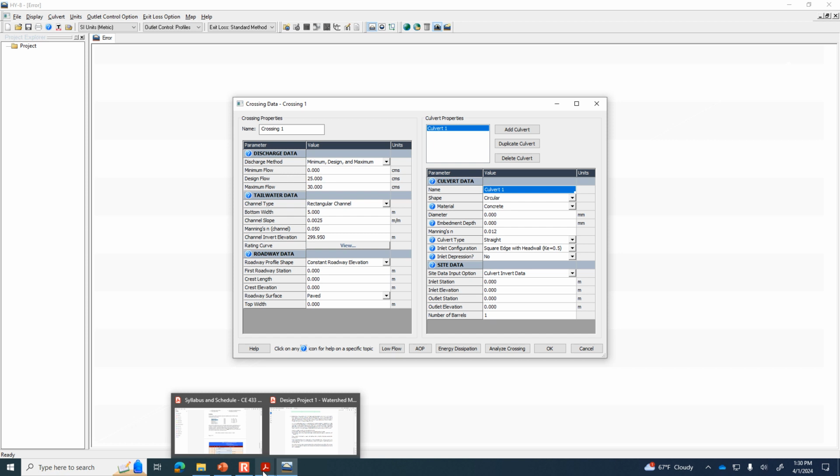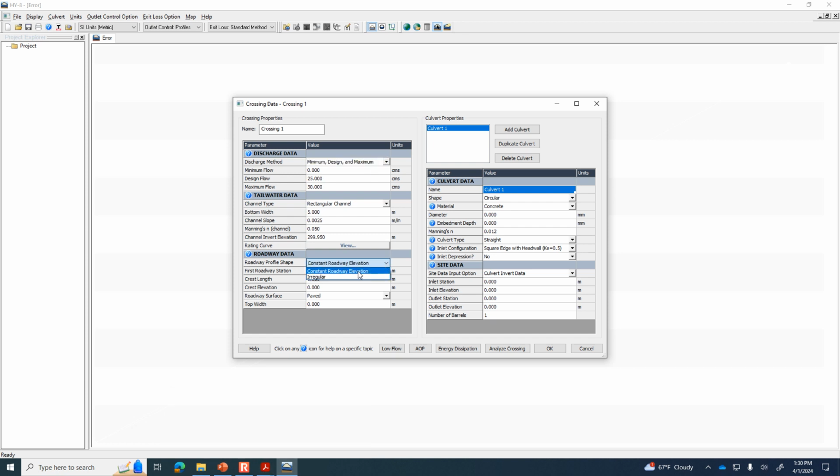If the roadway profile was like that, then obviously as the water gets deeper, it's increasing the crest length. So the options in here are irregular, if you wanted to define the shape of the sag, or a constant roadway elevation, which for simplicity's sake is what we're assuming.